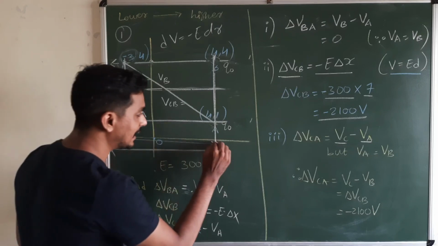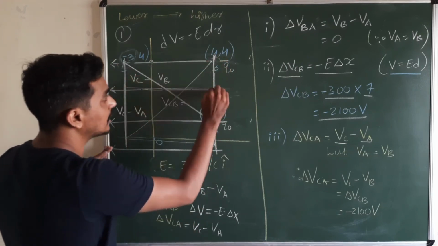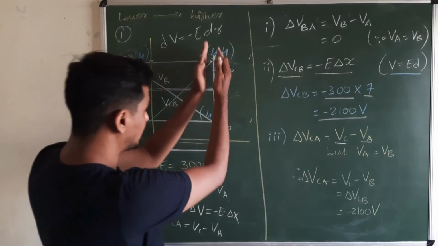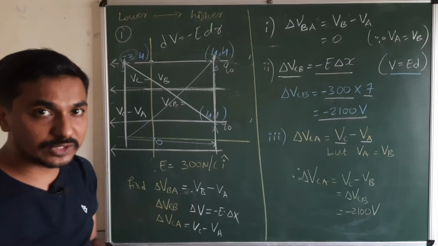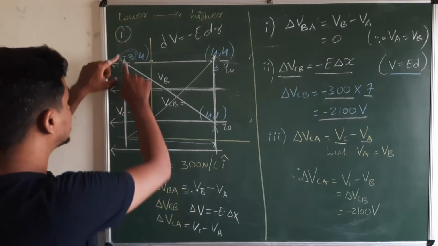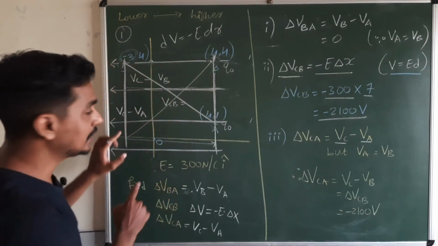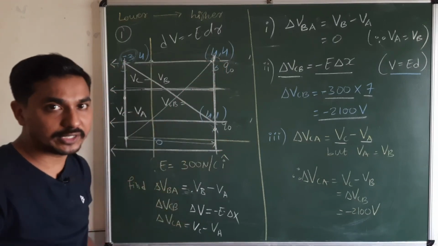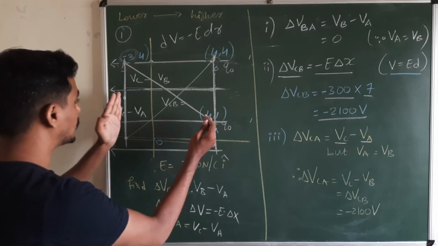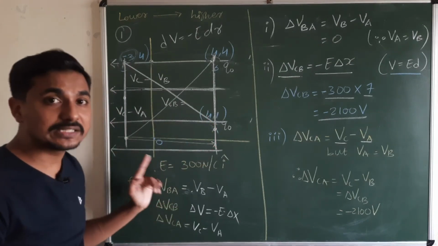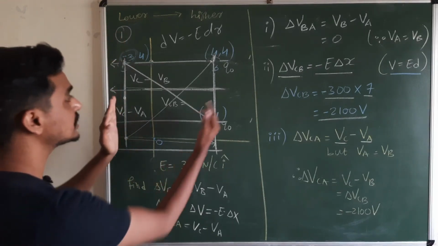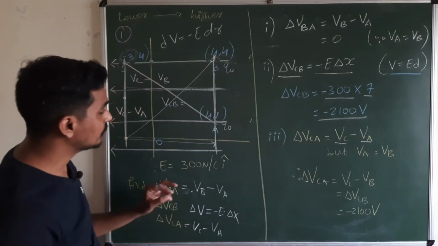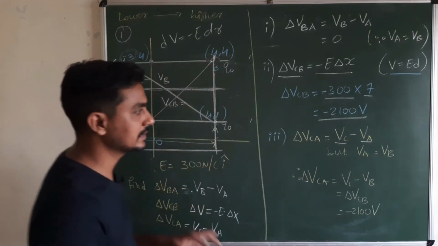So if you are taking a charge from one equipotential surface to another equipotential surface, the potential difference between any 2 points on these two surfaces is the potential difference between these two equipotential surfaces. So here VC minus VA, but we know that VA and VB have the same potential.